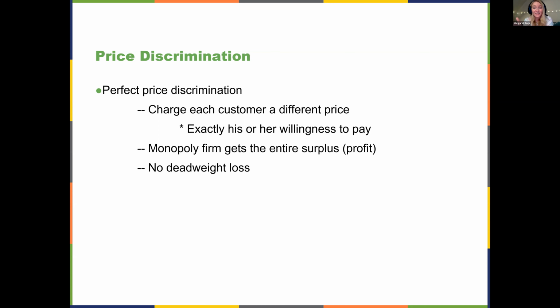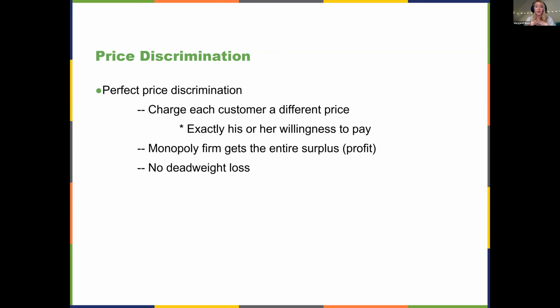So thinking back to that coffee example again, I think I gave the example of, if I'm willing to pay $5 for a cup of coffee, and let's say a perfectly competitive firm is charging $3 for a cup of coffee, and I go and buy a cup of coffee for $3, even though I was willing to pay $5, I would get a consumer surplus of $2, right?